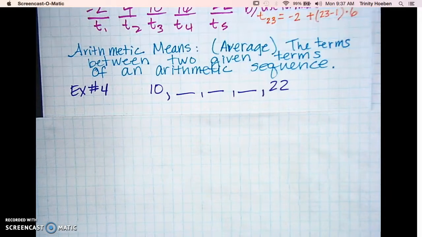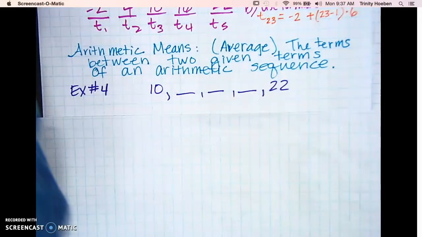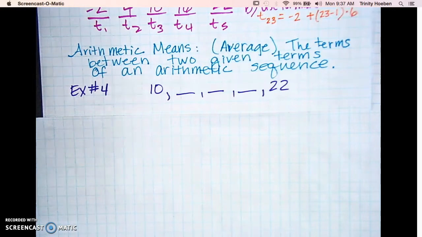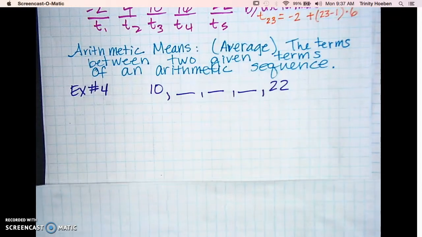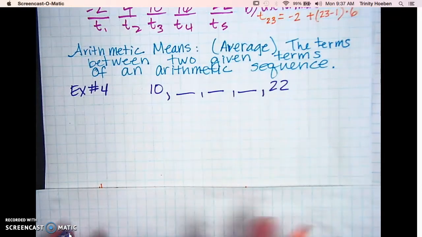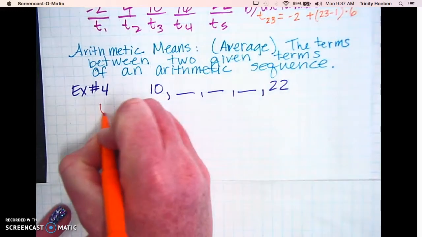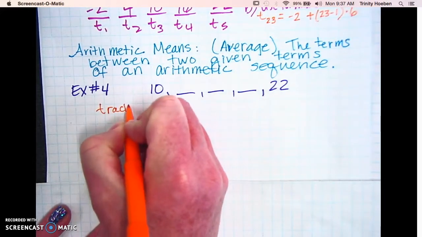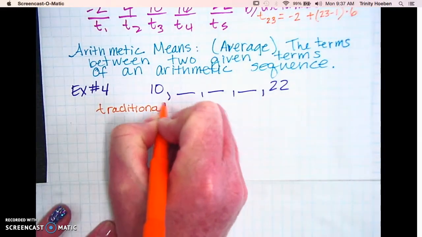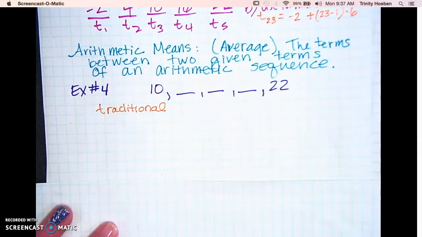All right, so here's example number 4. And I'm going to do the same problem in 2 different ways. So on the left, I'm going to show you what's called the traditional way.